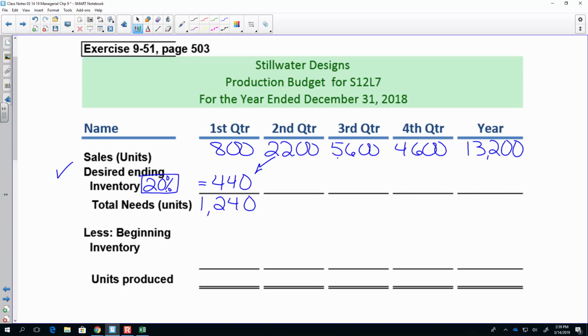And we're going to do that same 20% on all of the numbers. 5,600 is 1120. And then, 920. And now I'm stuck. Because I can't take the total year. I've got to get next quarter's sale.